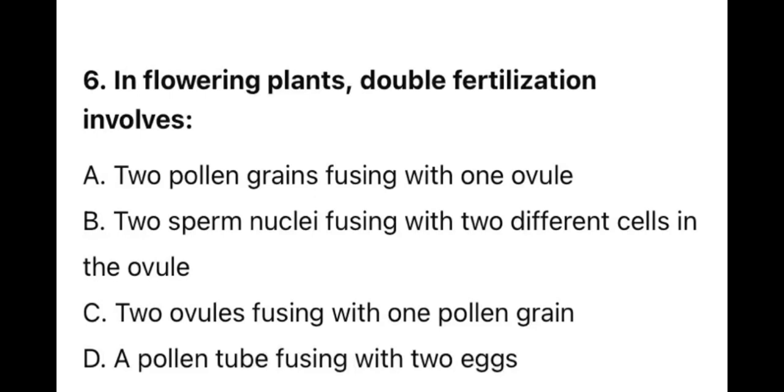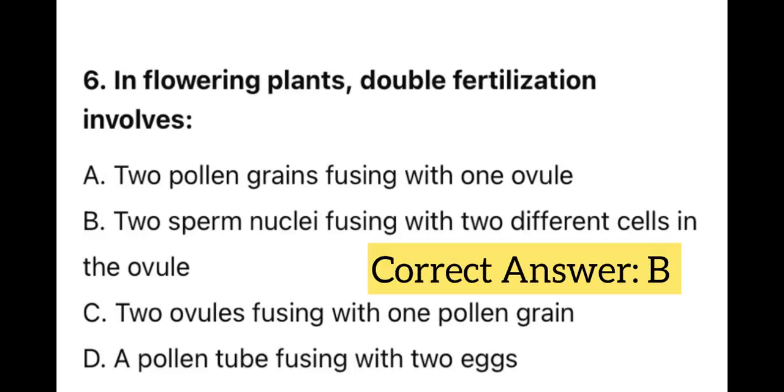It also occurs when a second sperm nucleus fuses with two polar nuclei to form an endosperm. So the correct answer is B. Two sperm nuclei fusing with two different cells in the ovule.